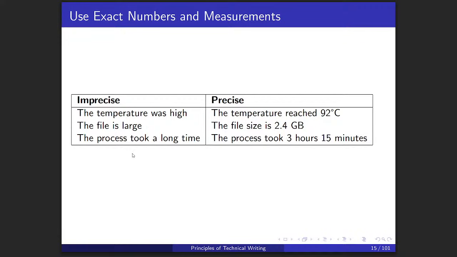"The process took a long time." Instead of saying that, you need to mention "3 hours 15 minutes," such that he will get an idea. This is how exact numbers and measurements make the difference in the paper.